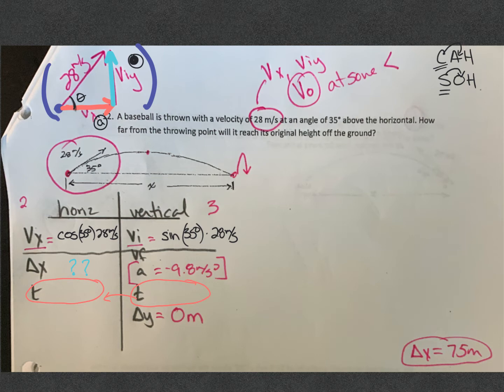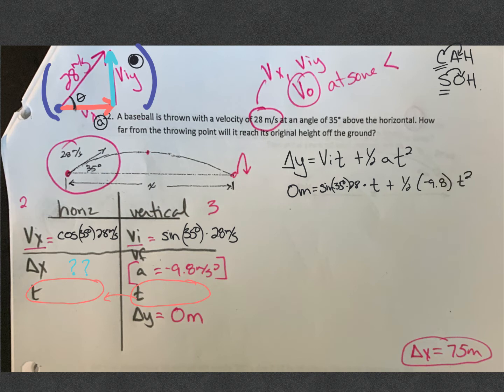So consult your equation card, and hopefully you recognize pretty quickly, we've used this a lot, that delta y is equal to Vi t plus 1/2 a t squared. This equation is easily substituted into 0 meters equals sine of 35 times 28 times t that I don't know, plus 1/2 negative 9.8 t squared.